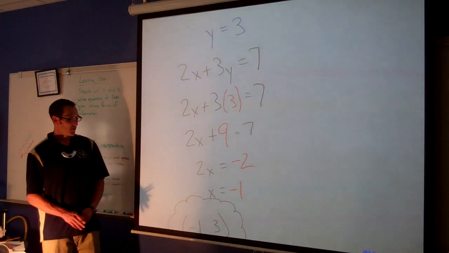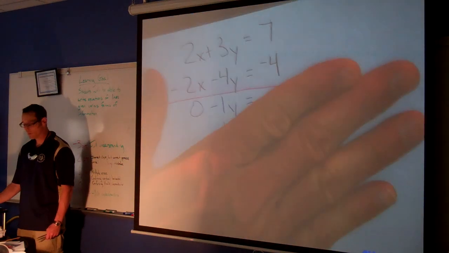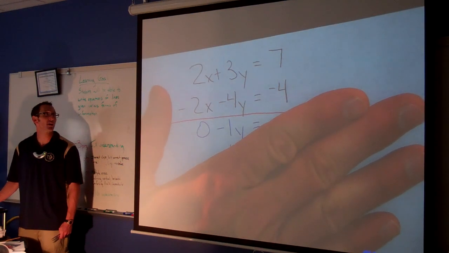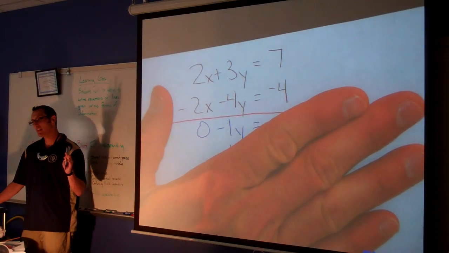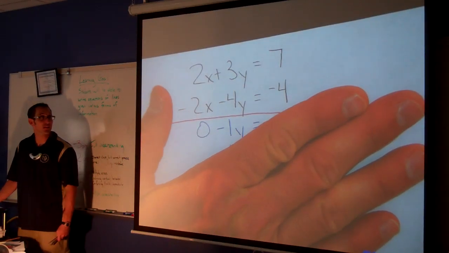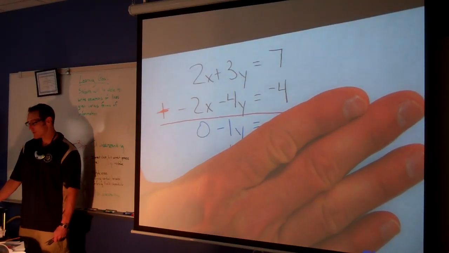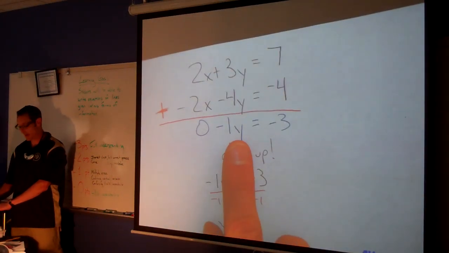So let's revisit the process of what happened. Okay, so here's the process. We started with the original system of equations. We were able to recognize that if we added these two equations, the x variable would cancel to 0. So that's what we did. We added the two equations, and we canceled the variable of x.